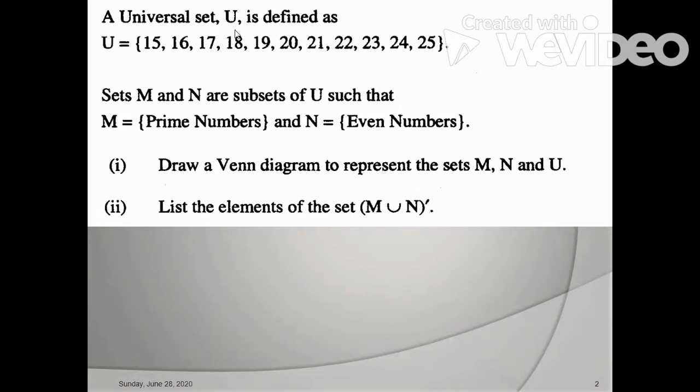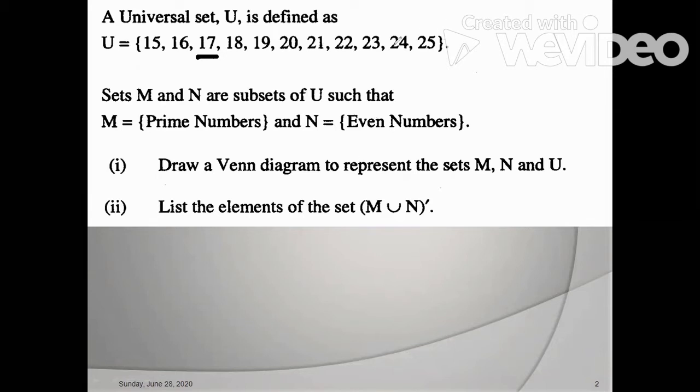For example, 17 is a prime number because only 1 and 17 itself can go into 17 without leaving a remainder.